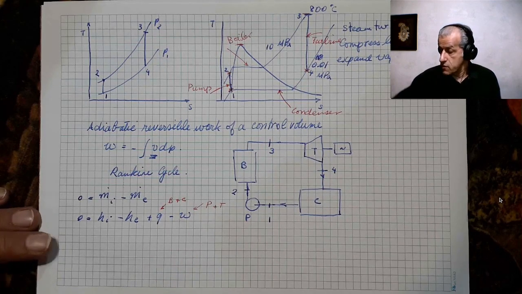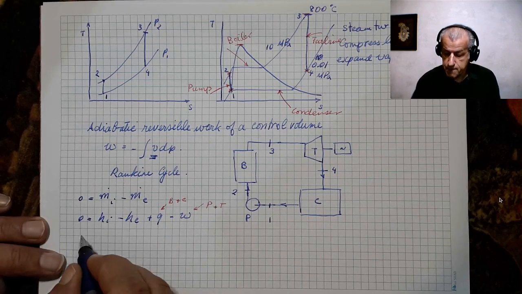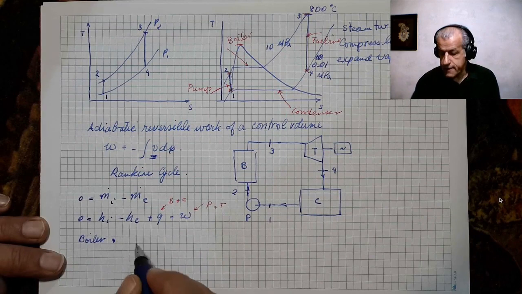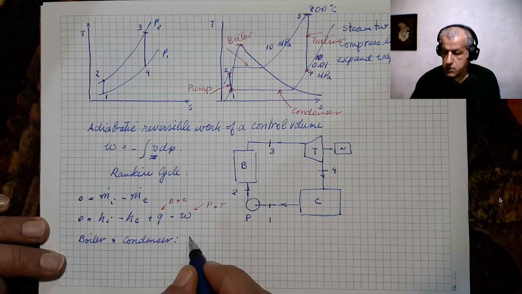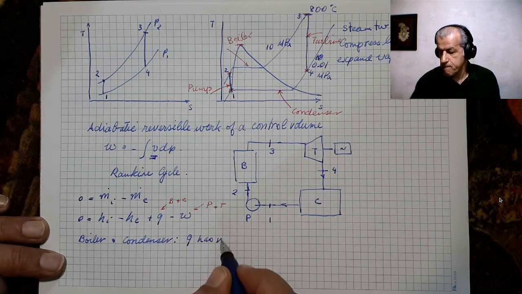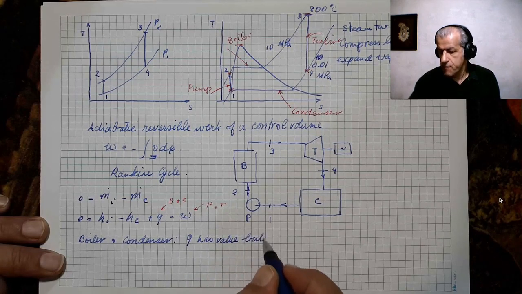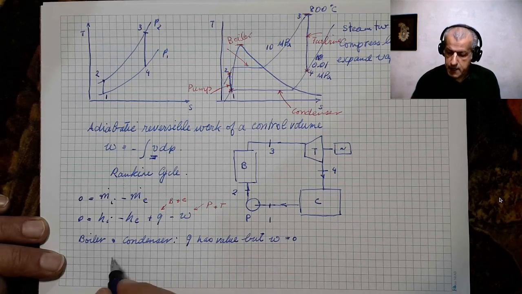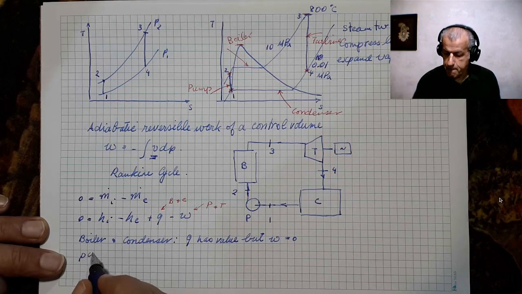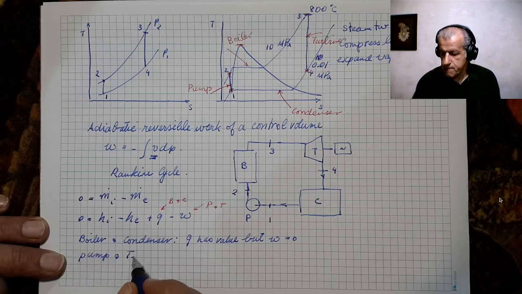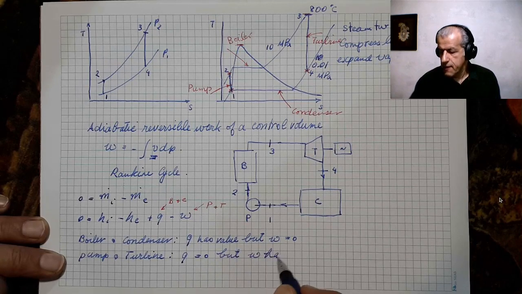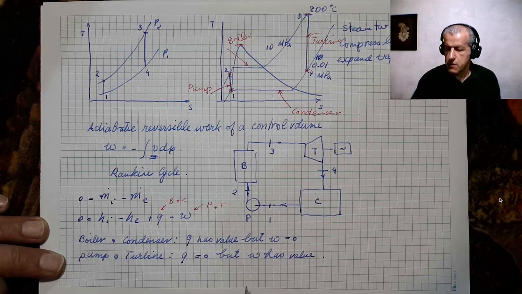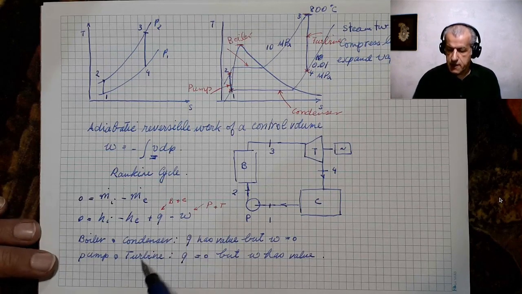So I could write it here: for boiler and condenser, Q has value, but W is 0, and for pump and turbine, Q is 0, but W has value. This is how we simplify this equation.